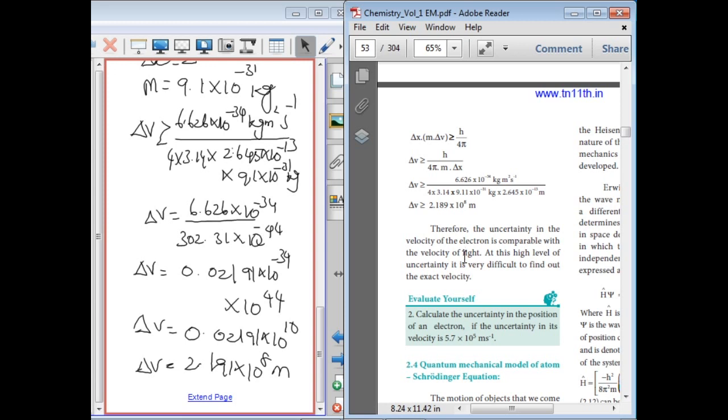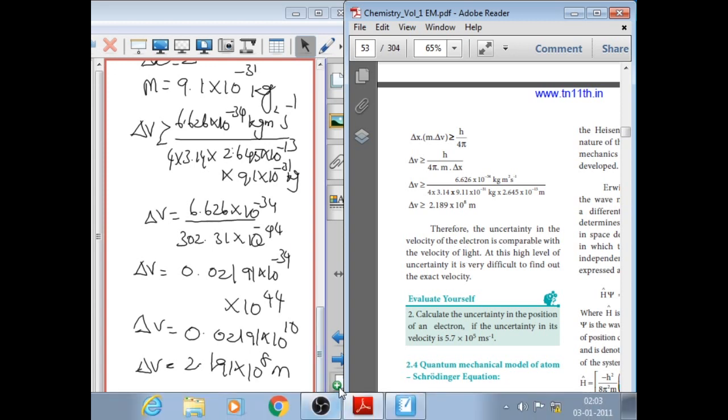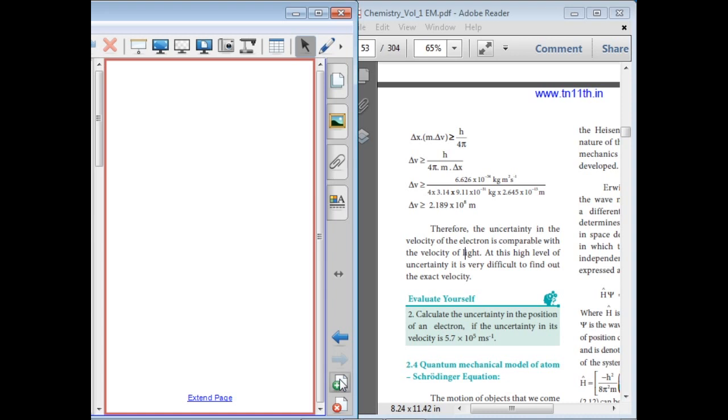The next numerical is a self-evaluate problem. The question is: calculate the uncertainty in the position of an electron if the uncertainty in its velocity is 5.7 into 10 power 5 meter second inverse. What is given? Delta v, the velocity, is given: 5.7 into 10 power 5 meter second inverse. The question is delta x, that is, the position.